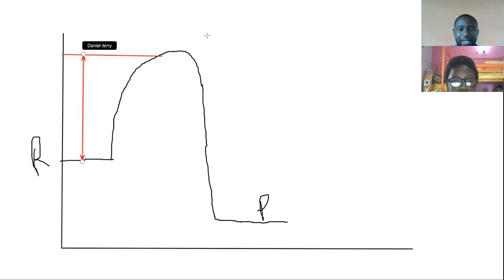Remember, this is the activation energy, the energy barrier that must be overcome. Now, this is what a catalyst does. That's a positive catalyst. Remember, it has to speed up the rate of chemical reaction.